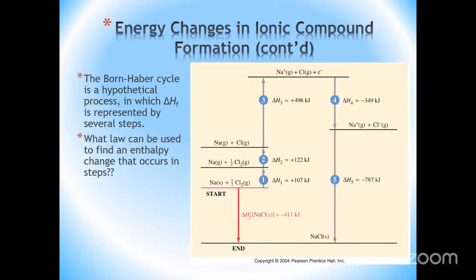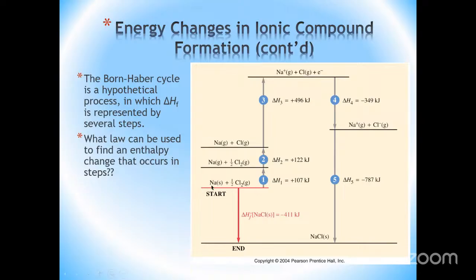So this is basically the Born-Haber cycle for that compound formation. And what I'm going to do is go through the different steps to show you what is happening in each step, all right? So here is sodium and chlorine, right?